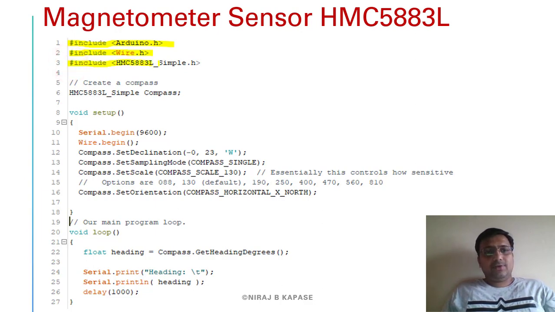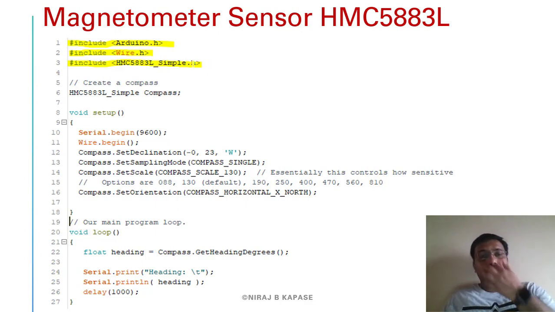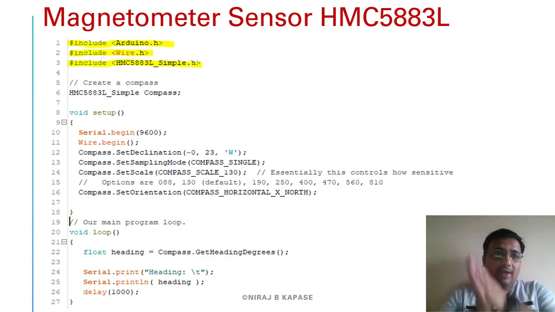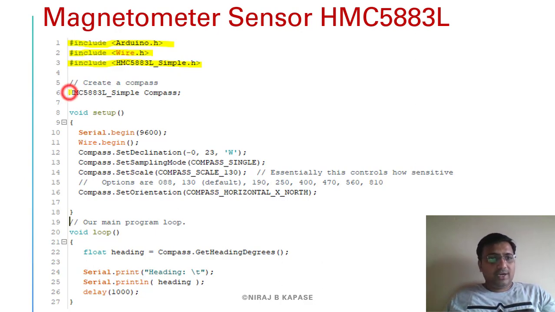Then one of the important lines is where we need to include HMC5883L_Simple.h. This is the API, and the standard APIs are available. You can download this file from GitHub. With this API we are going to interface the magnetometer sensor with standard functions and definitions. Here we need to create one object of this. How to create the object?